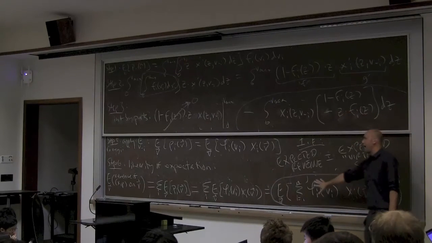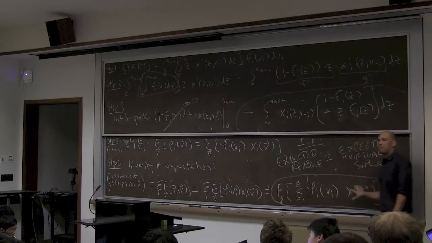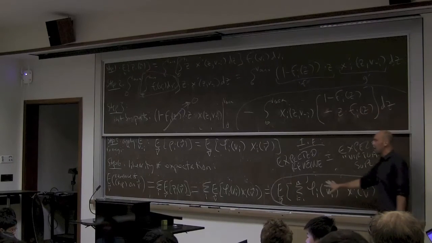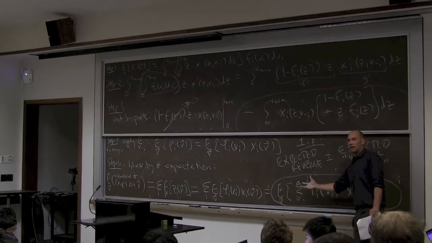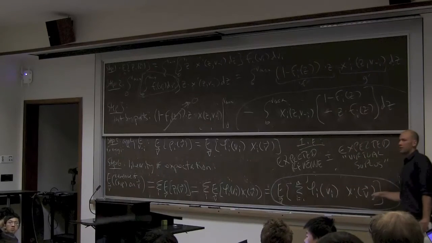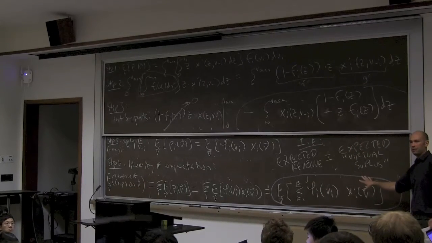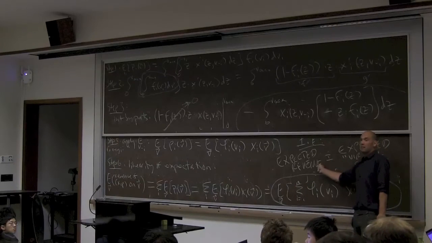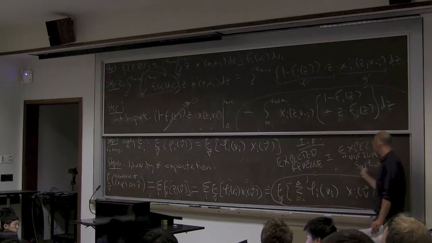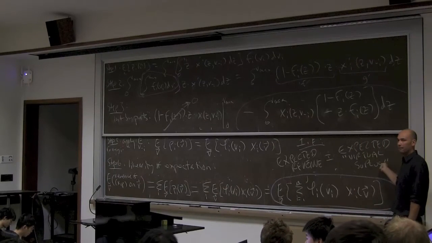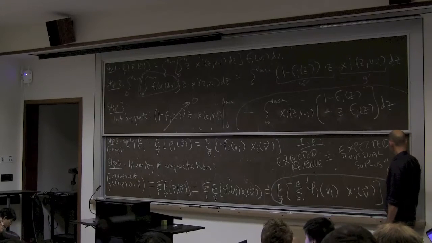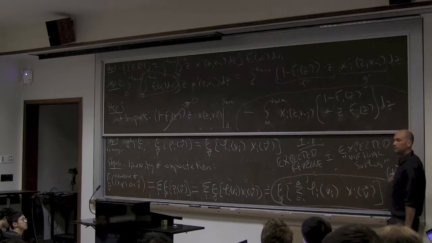We agreed that if you hide the phi, this is just expected surplus. Phi just changes the valuation to a virtual valuation. So the expected value of this sum is the expected virtual surplus. Therefore, maximizing the left-hand side boils down to maximizing the right-hand side. Okay? So let's call this star.